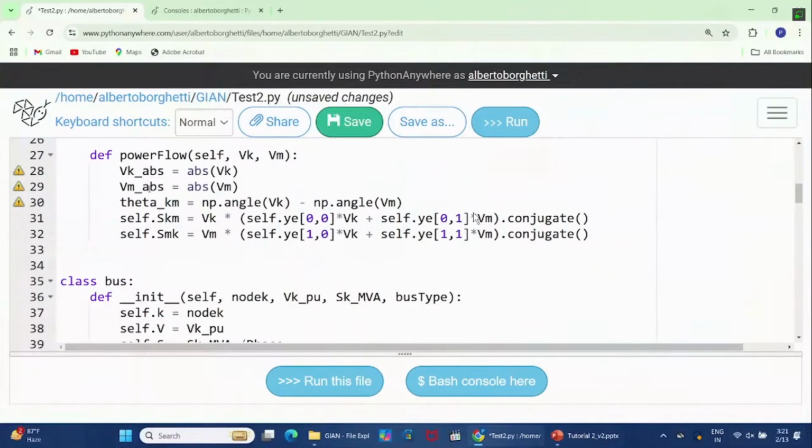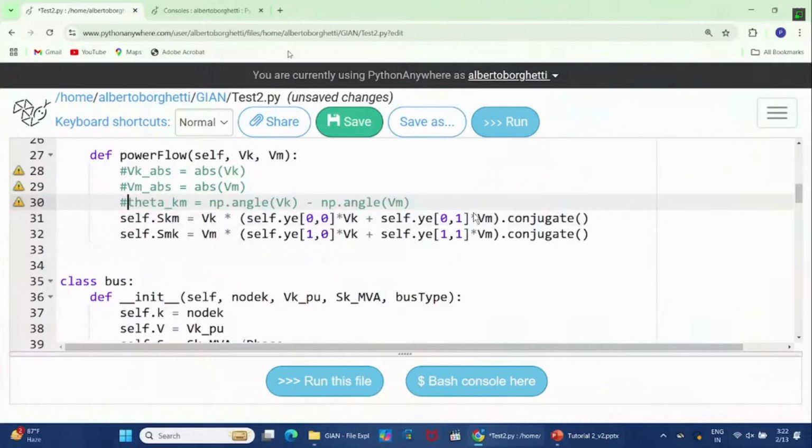We have defined this absolute value and it is not needed. So probably we have written some instructions that are not needed because I was thinking about something else. We can also avoid writing this instruction here, because our equations are written directly by using Vk and Vm and not the absolute value.